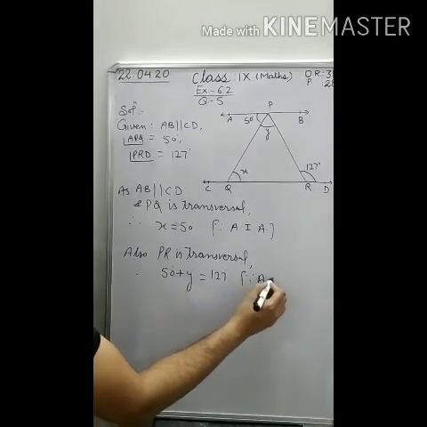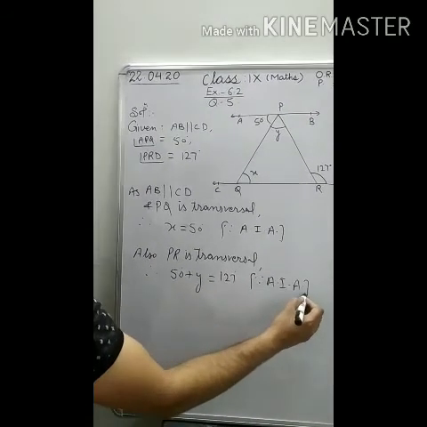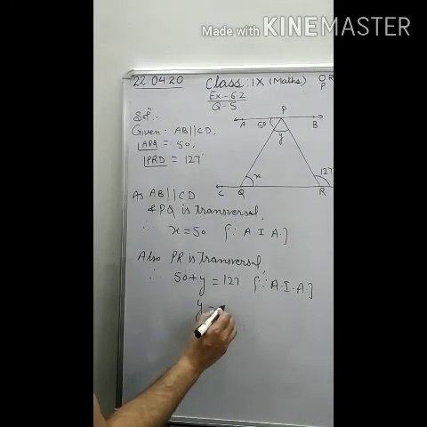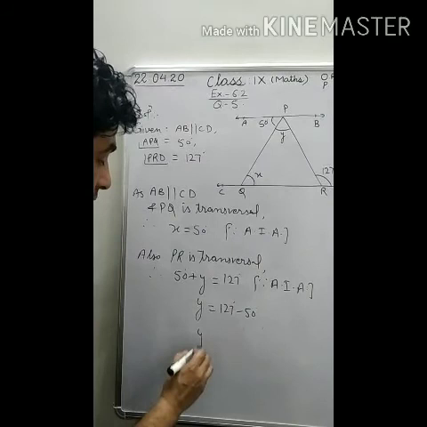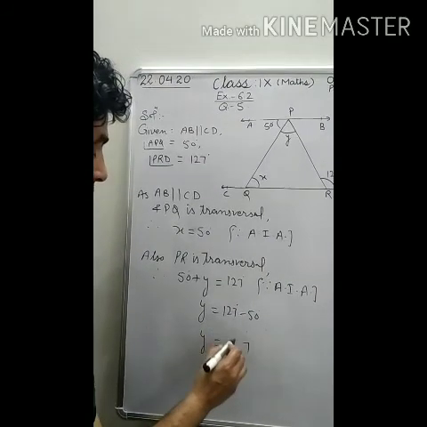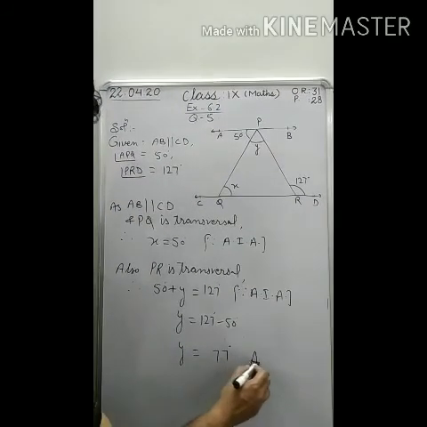Again reason is alternate interior angles. So from here y will be 127 minus 50. Then y will be 77. So these two are the answers.